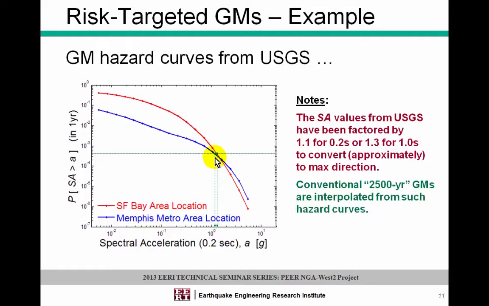But you can see that the rest of the hazard curves really aren't that similar. They're quite different. They have different shapes to them. And in a nutshell, what this risk-targeted approach does is consider the differences in the shapes of these hazard curves. It doesn't just look at one location on the hazard curve, which happened to be maybe where they intersect. It looks at practically the entire curve.